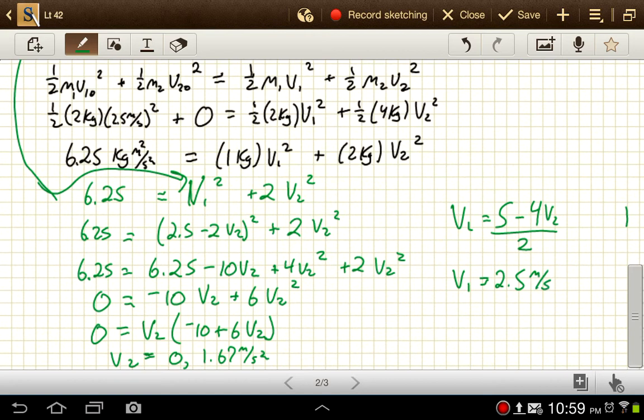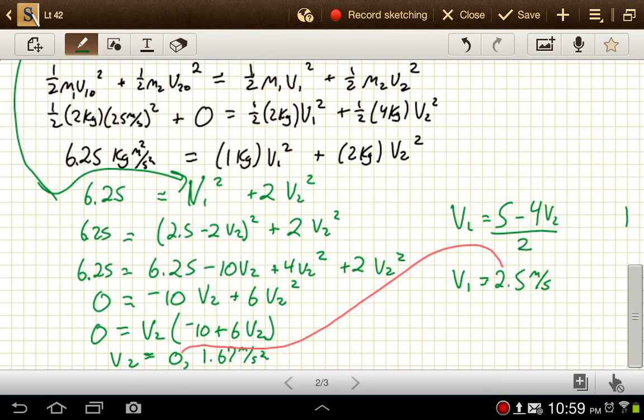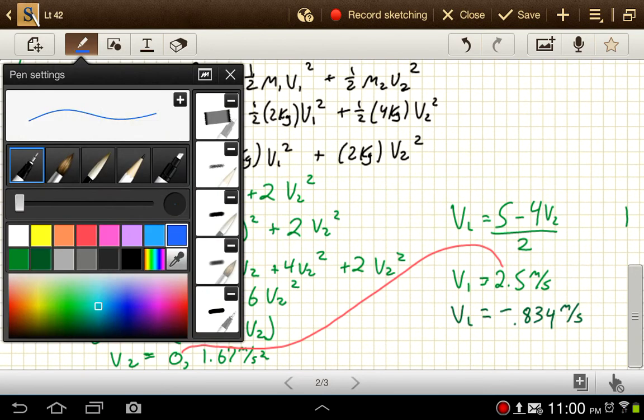I'll just put a note down that those two go together. Or that v1 could be equal to 5 minus 4 times 1.667, and then divided by 2. This will give us a negative 0.834 meters per second. And again, I'm going to put a note that those two go together.